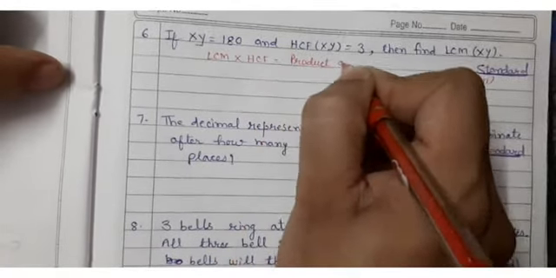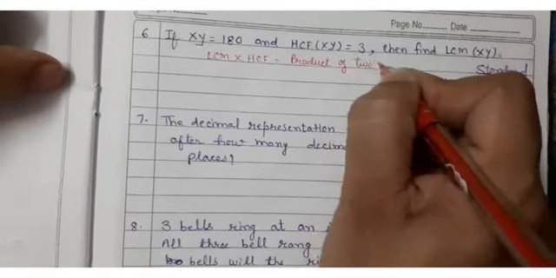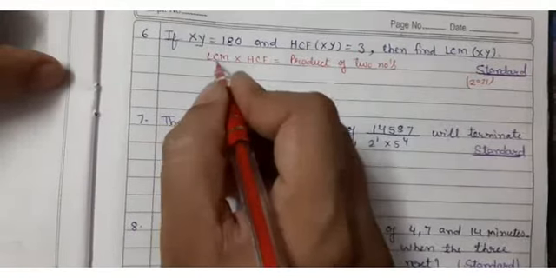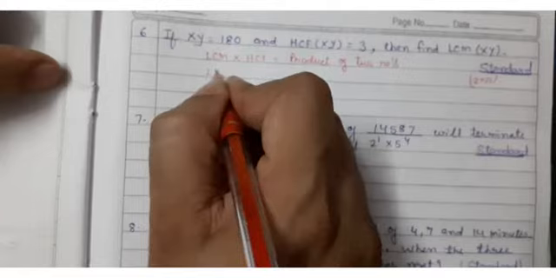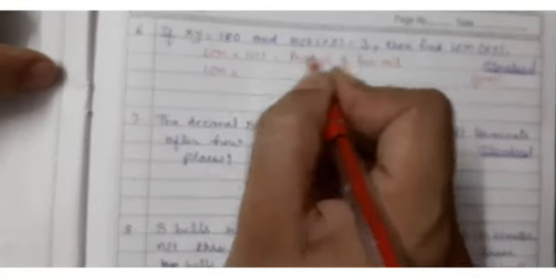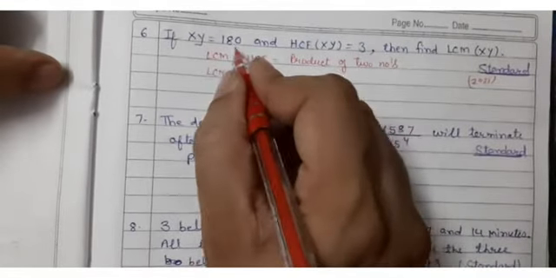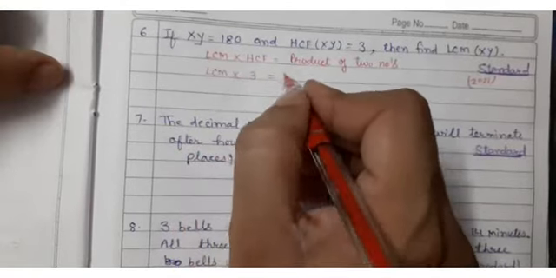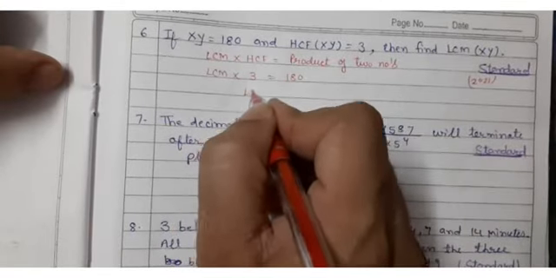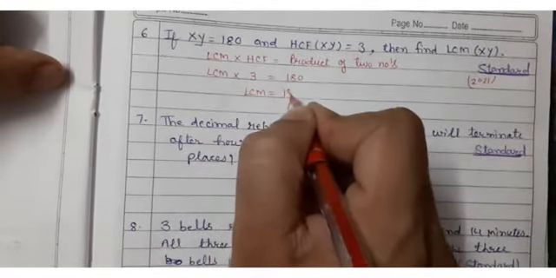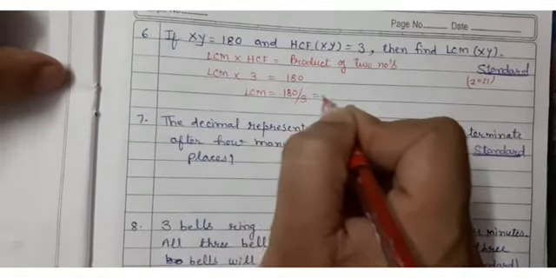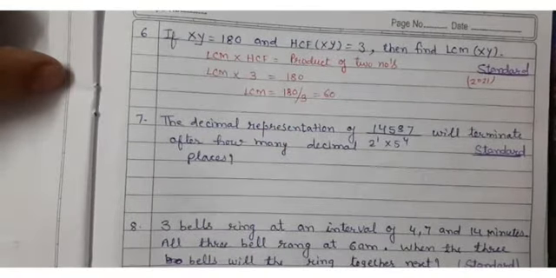HCF is 3 and the product is 180. Then the LCM will be 180 upon 3, which is 60.